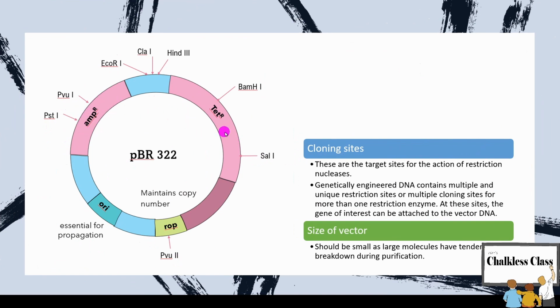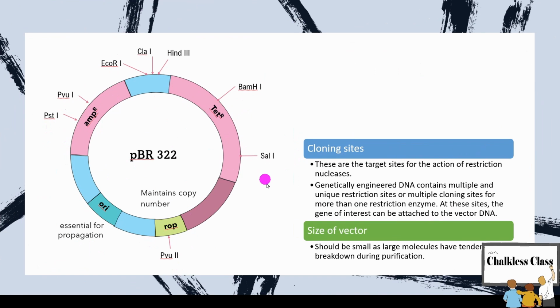In the same way, the tetracycline resistance sequence has a BamHI site, ROP also has one site for a restriction endonuclease, and the tetracycline gene has one more cloning site for SalI. In this way, one plasmid may have many sites for several restriction enzymes, but one plasmid must have only one site for one restriction enzyme.